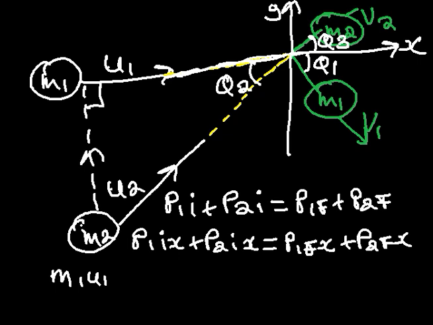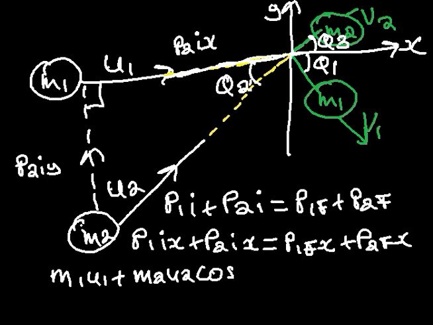This is the y component, P2 iy, and this will be P2 ix, meaning the initial momentum for object 2 on the x-axis. We resolve that into components, so we'll have m2 u2 cos theta 2, because this is the component we are looking for and that corresponds to this.